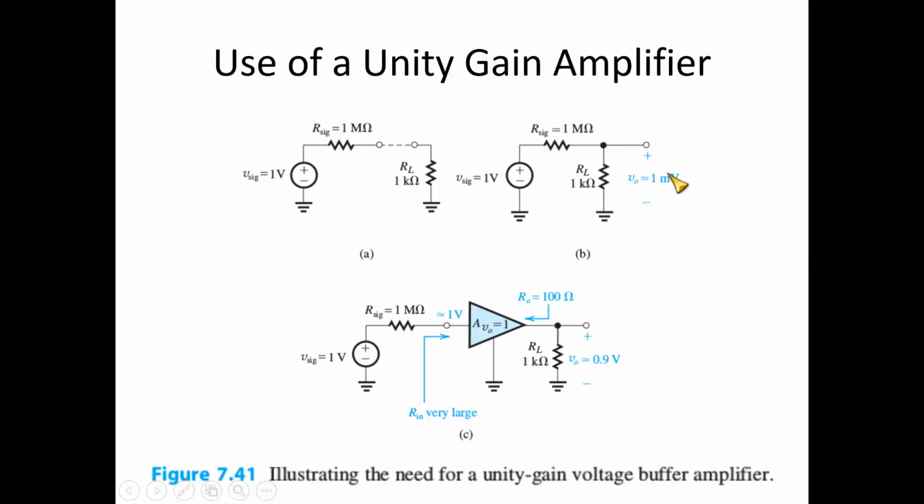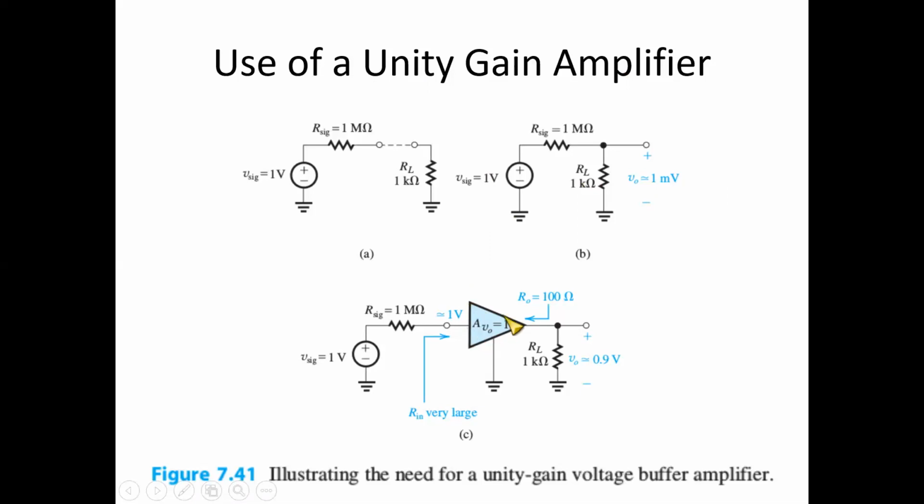This is known as the loading effect, and it reduces the output voltage to 1 millivolt compared to 1 volt. To reduce this loading effect, we need a unity gain amplifier. So if you connect a unity gain amplifier over here, what is going to happen?